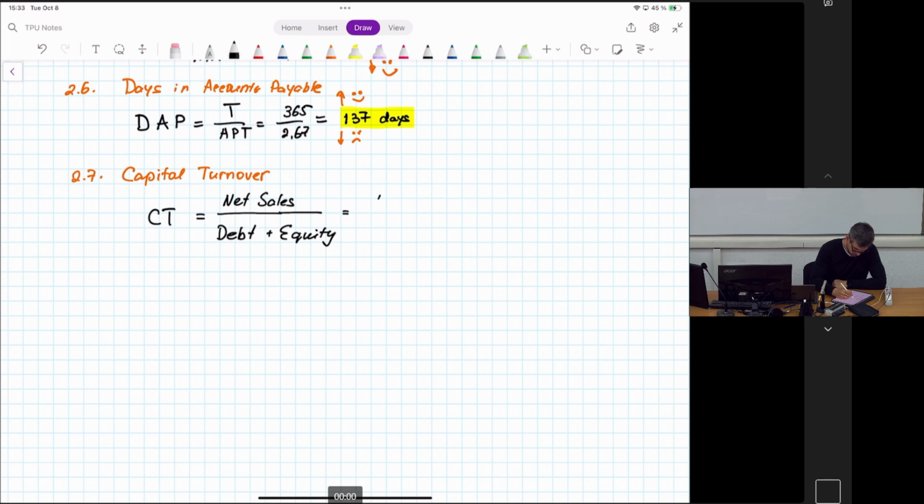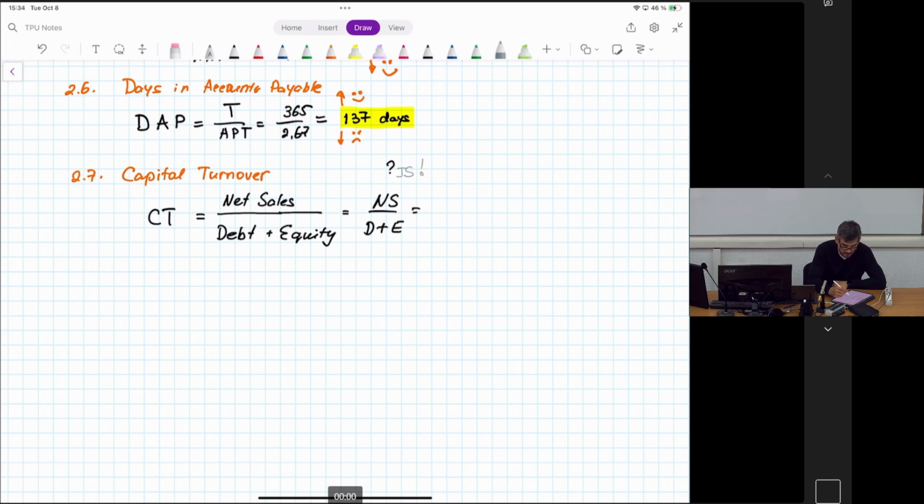Or NS divided by D plus E. Now we should calculate this ratio. We need to think, where do we find net sales? In which financial statement? In English, it is the income statement. So we need to go to the income statement to find this information.